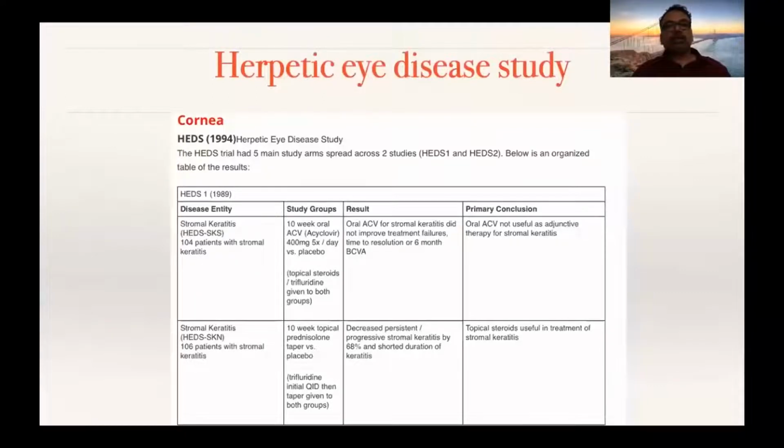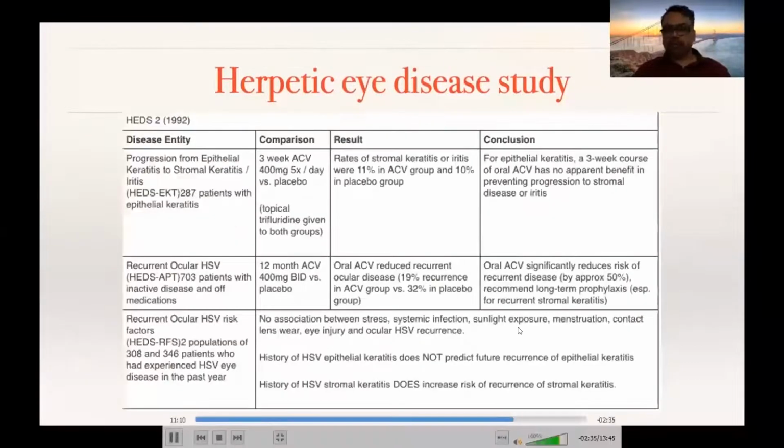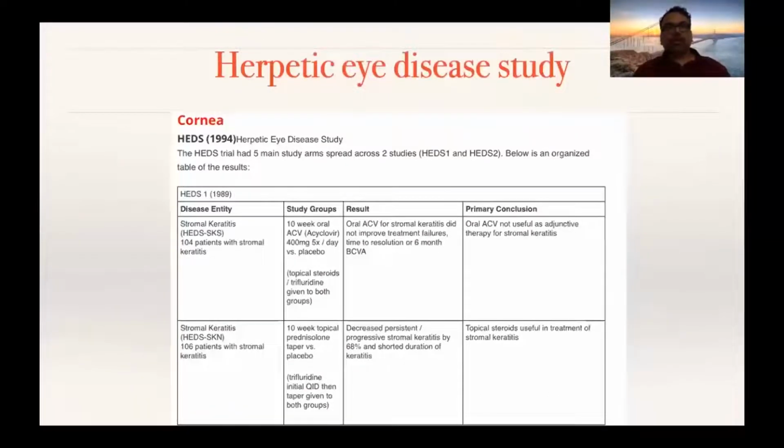the Herpetic Eye Disease Study is a landmark study which has given several insights into the treatment of HSV eye disease. We'll go to the primary conclusions. The HEDS studies 1 and 2 have 5 arms.